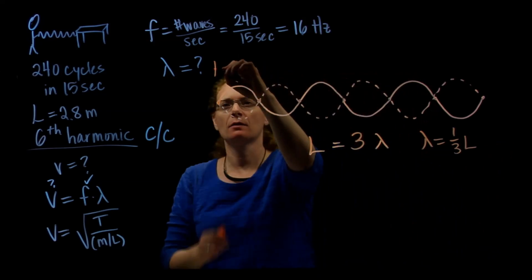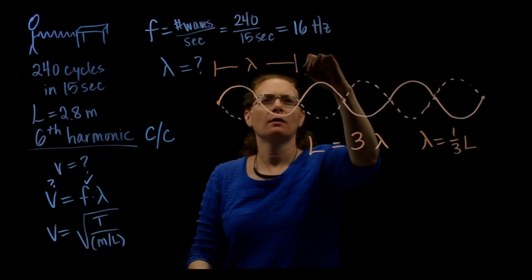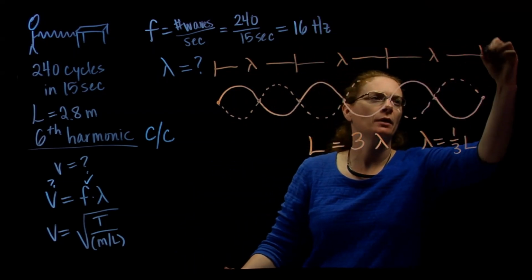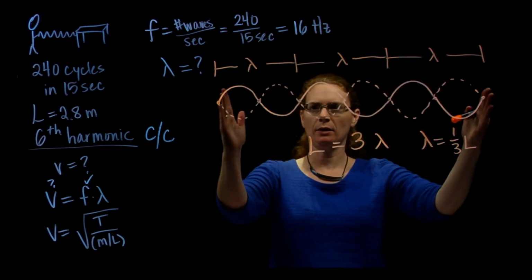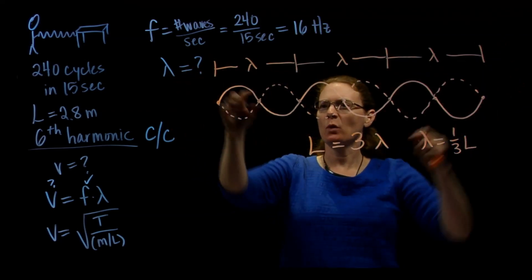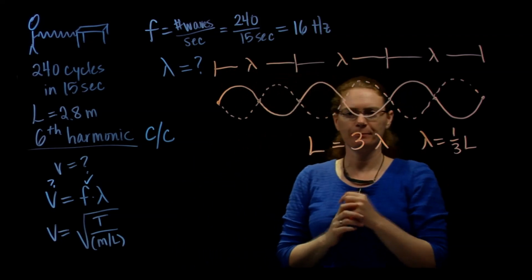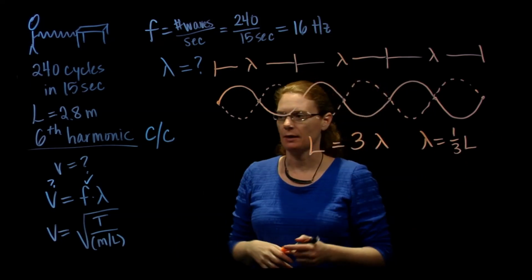Because this is a full wave here, here's a second full wave, and here's my 3rd full wave. So you can either think of it as the total length has 3 waves, or 1 wavelength is 1/3 of the length. They both get you the same thing, they're the same equation.